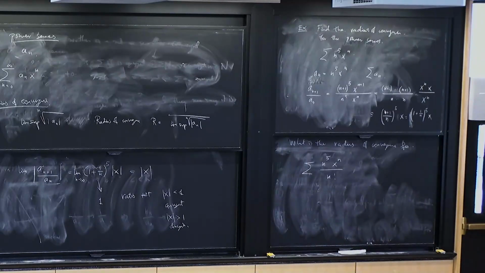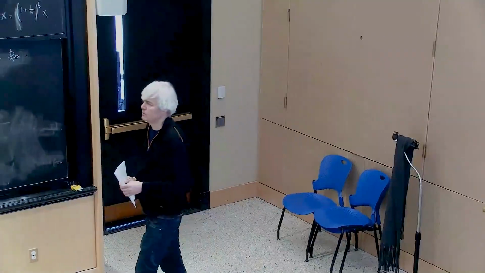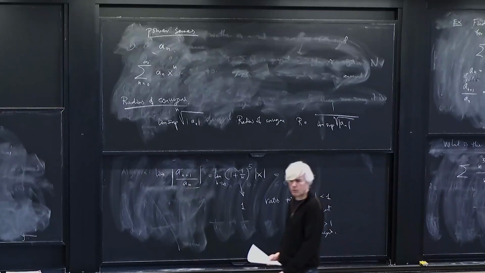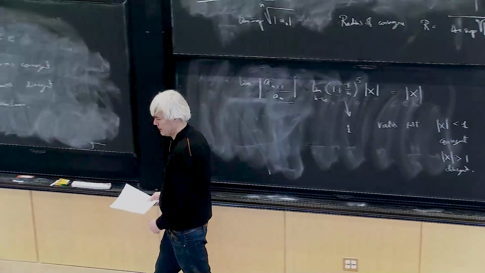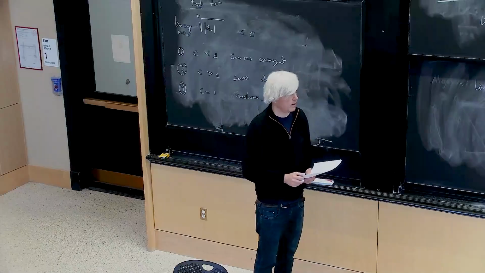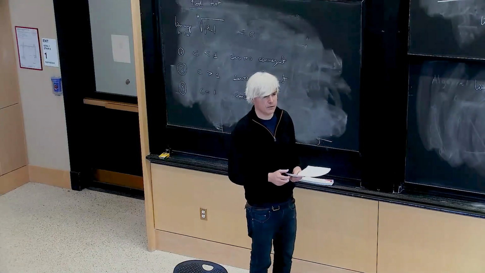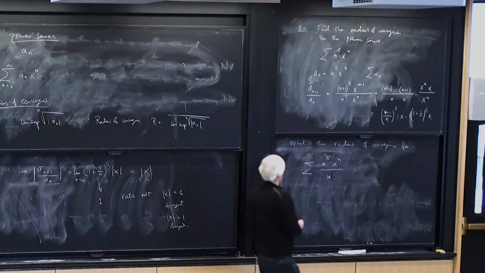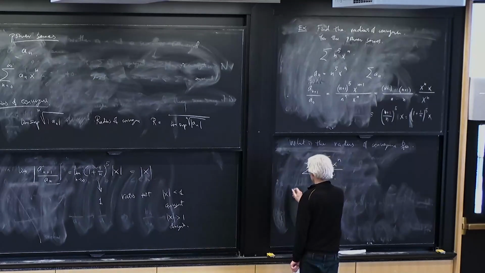Okay, and now again, you could apply the root test. The root test is the one that just gives you an answer. It always gives you an answer, but you may have to work harder to find the nth root. And sometimes it's just easier to use the ratio test. So let's use the ratio test again.